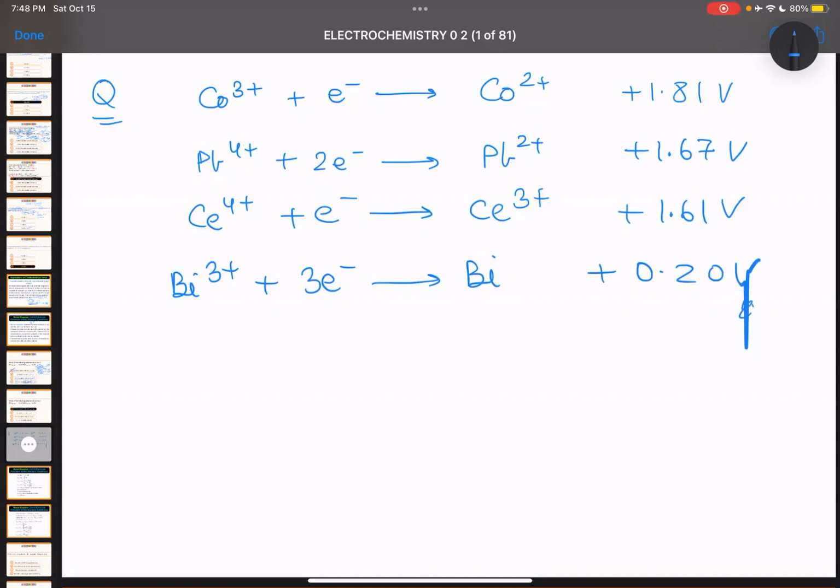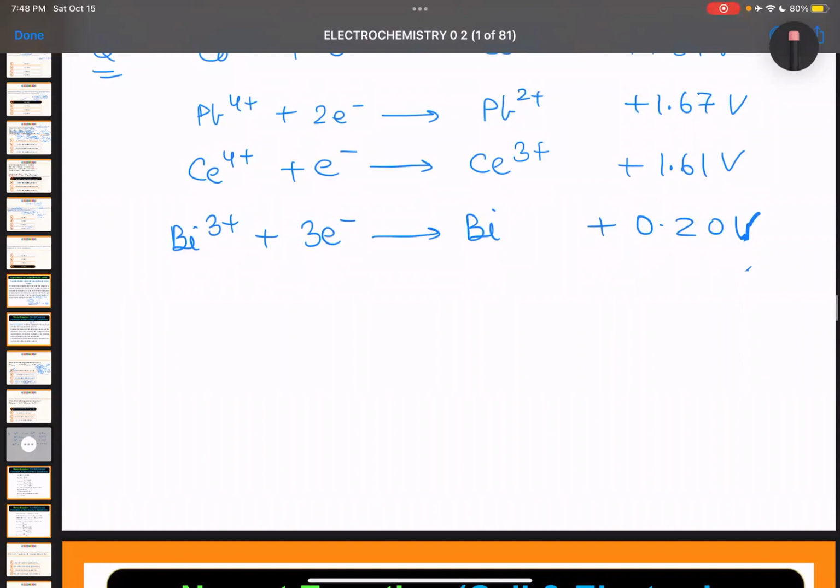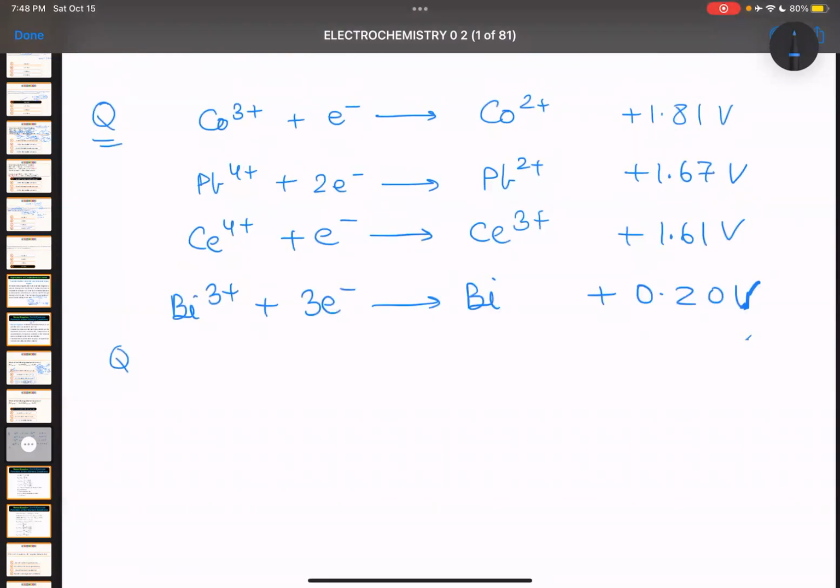So this is the question, and they are asking, what is the oxidizing power?